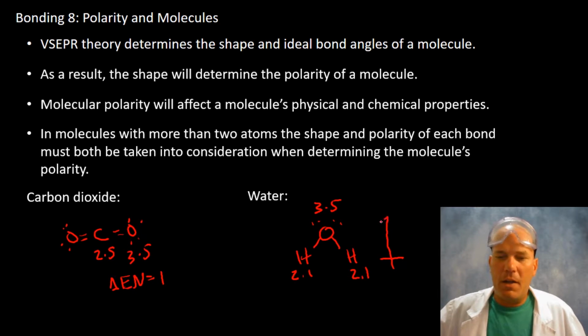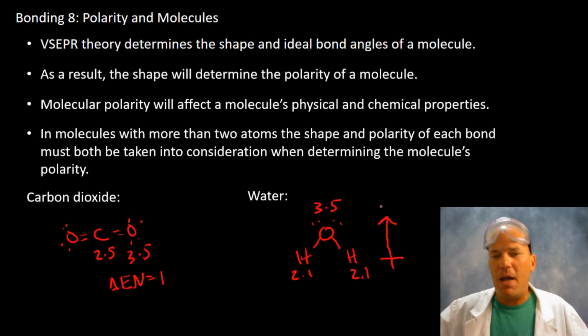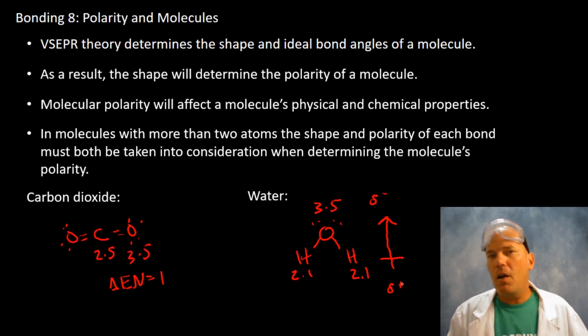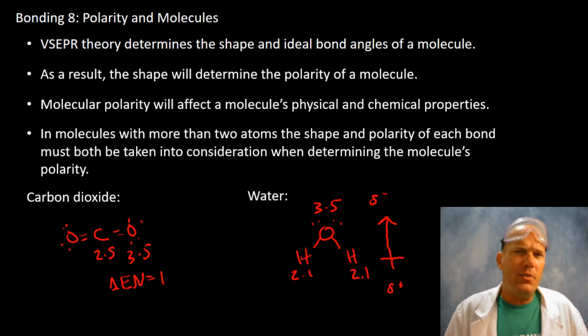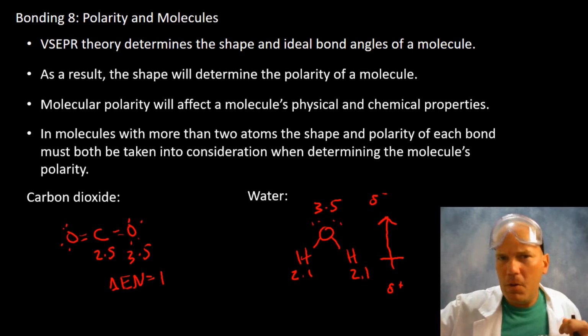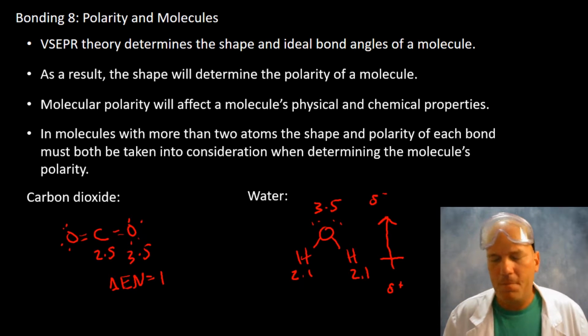And we're going to talk about this throughout. This is a polar molecule. This will have a slightly negative and a slightly positive charge across the molecule. Thus, we refer to molecules that exhibit this dipole moment as polar.